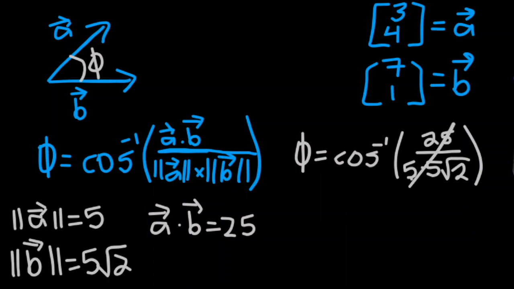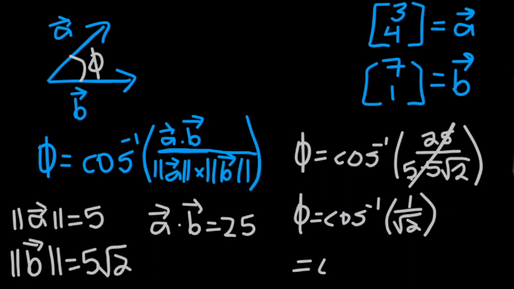So the 25 on the top and the 5 times the 5 on the bottom cancel out, and you're left with phi equals the arc cosine of 1 over root 2. This can be rationalized so that you get phi equals the arc cosine of root 2 over 2.